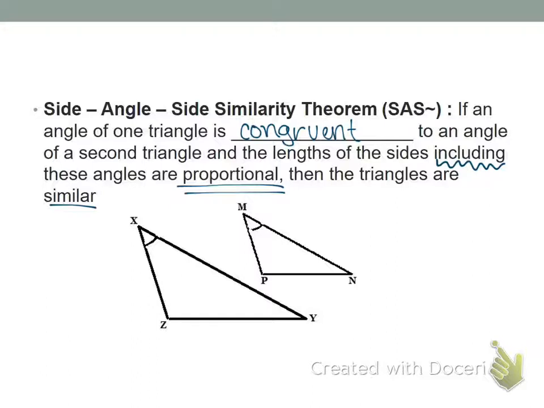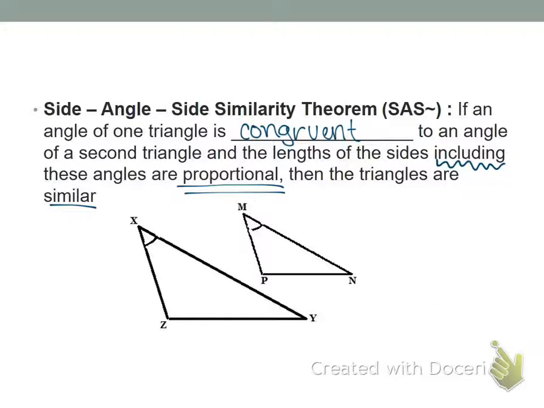I'm pointing these things out because this is a little bit different from when we did side angle side for congruent triangles. Angles are still congruent, but now sides are proportional.